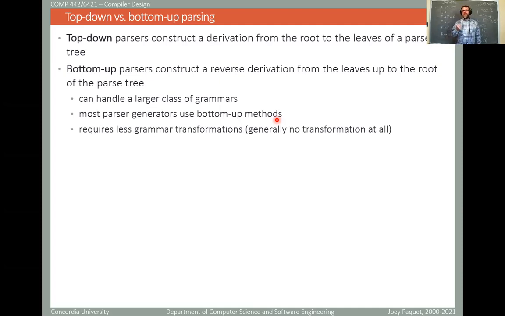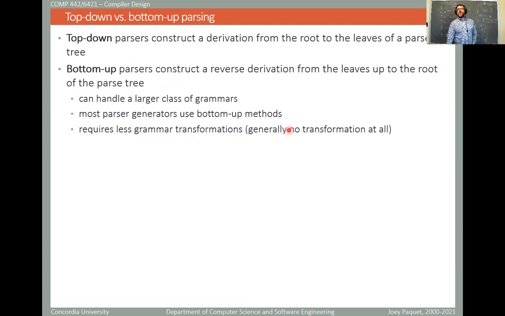And that's what, in fact, a parser generator is doing. It's automatically doing this translation of the grammar into a table. Then it provides you with a generic algorithm that can use this table, that can work with any table. So the fact of the matter also is that it requires much less grammar transformation compared to a top-down parser.